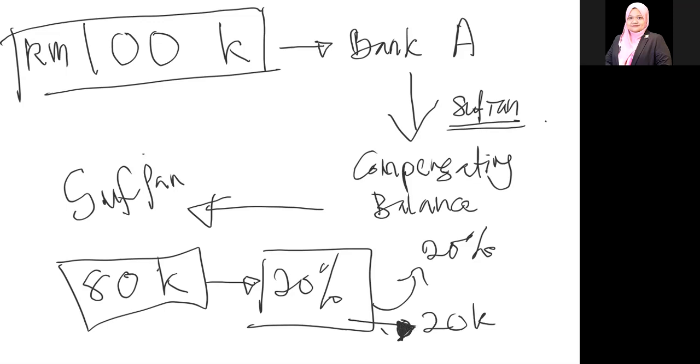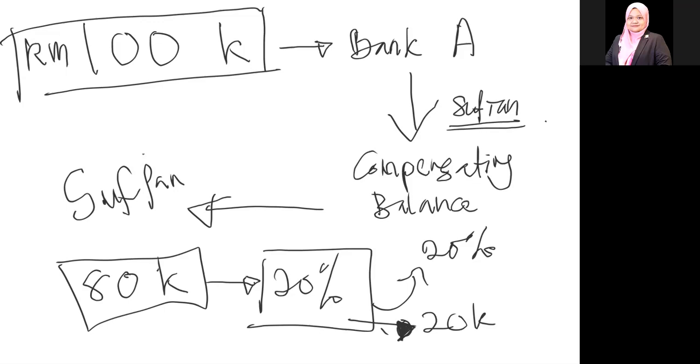That is the importance of cash. So the fourth motive is compensating balance. If Encik Sufian has money, he doesn't care about the 20% compensating balance because he has the money. But what if Encik Sufian doesn't have the money in bank A, and bank A requires a 20% compensating balance?